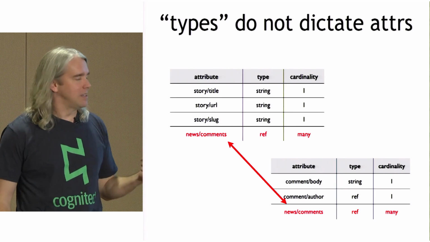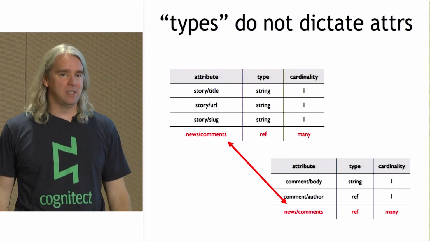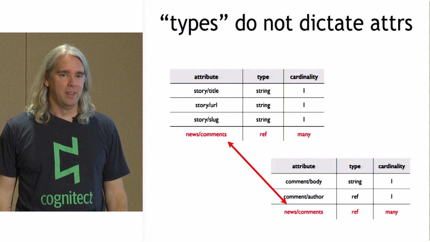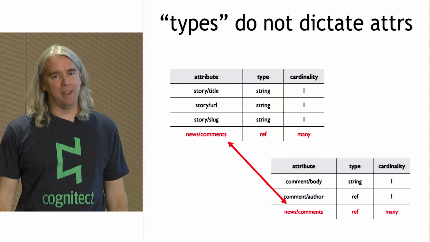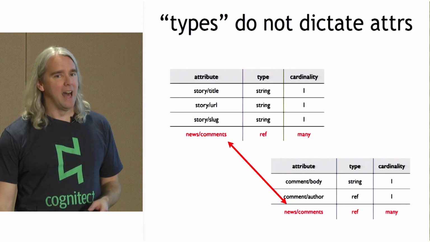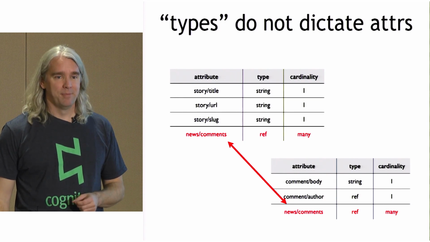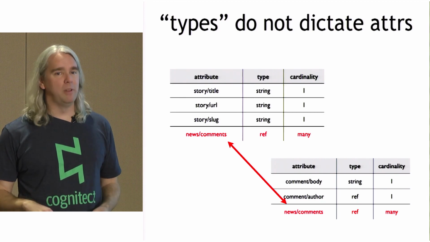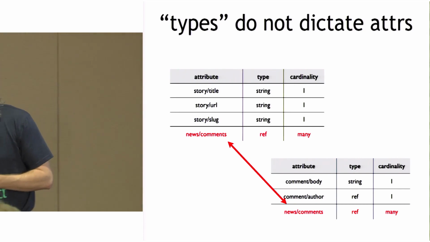We had a question on the Datomic mailing list just this week where somebody said, well, I have 10 different kinds of things in the system that can all have names. So should I just make an attribute called general/name and have all the different things be in the same attribute? Probably not. Probably those names have different semantics. The part names look like this, and the human names look like that, and the order names look like that. They probably have different meanings. But that's up to you.